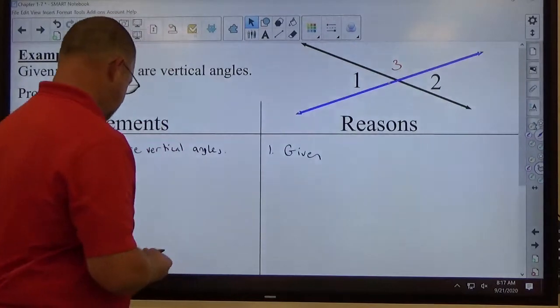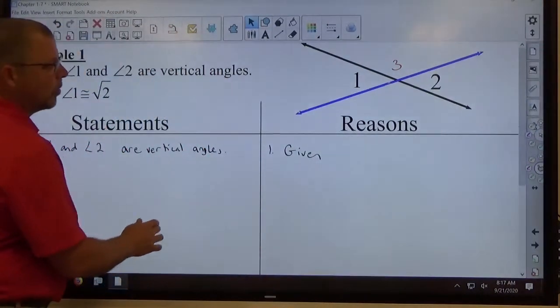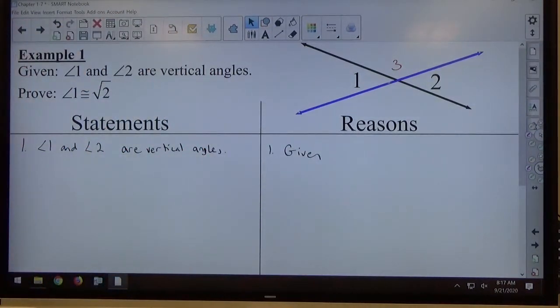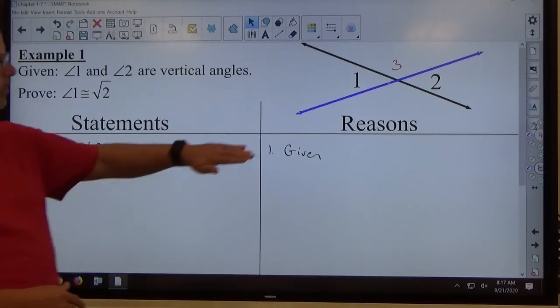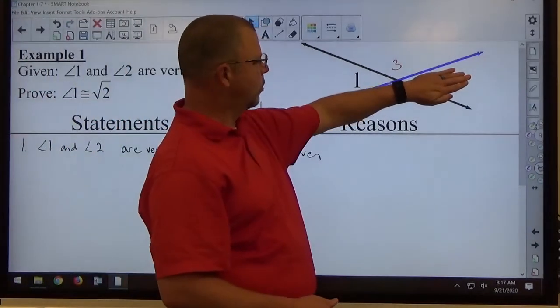Straight line, right? What can we say about angles 1 and 3? If the blue line's a straight line, what's true of those two angles?